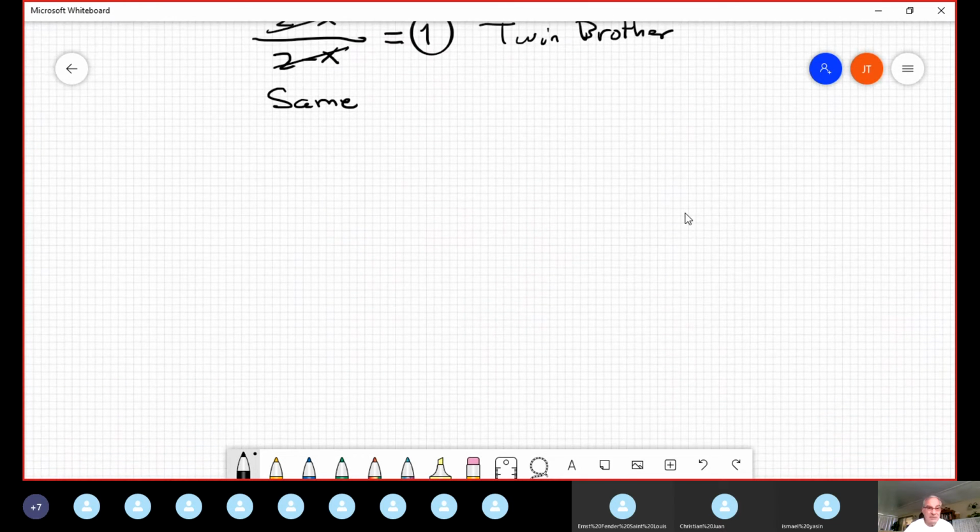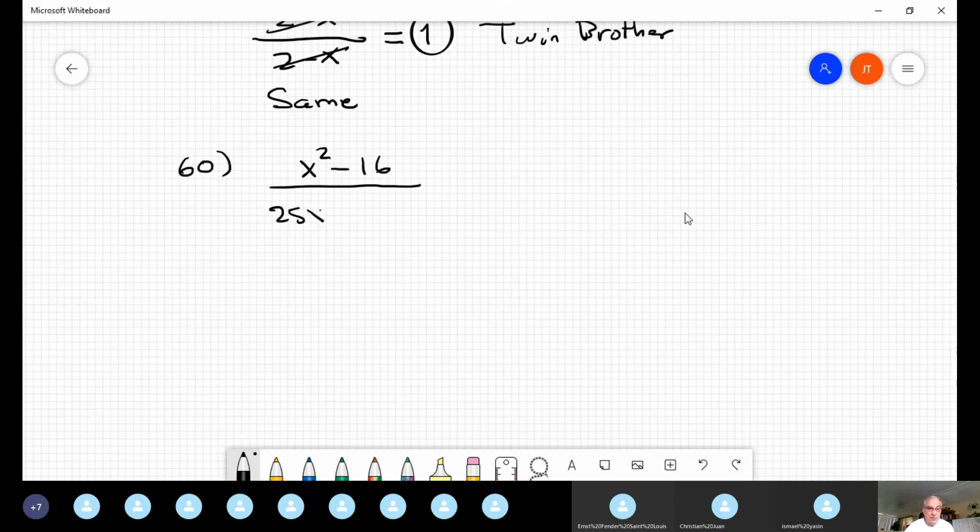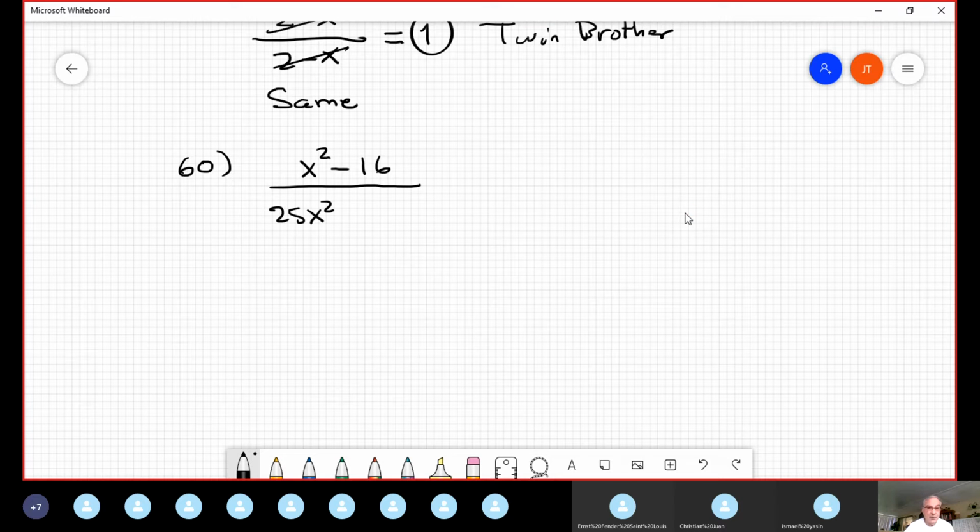Suppose problem 60 is another division problem. It is x squared minus 16 divided by 25 x squared minus 9, division, again division. Division what? x minus 4 and 3 minus 5x.